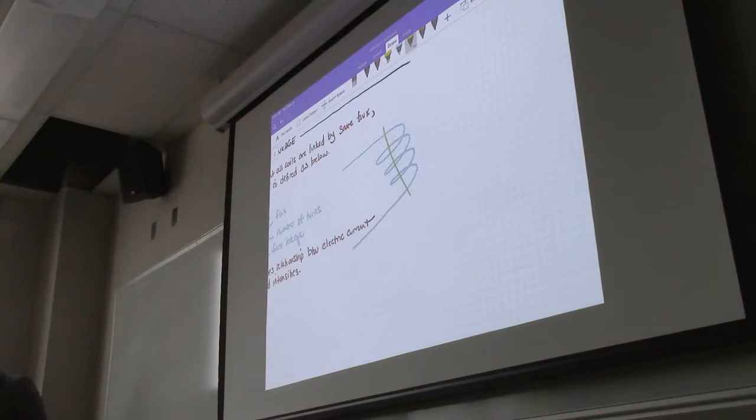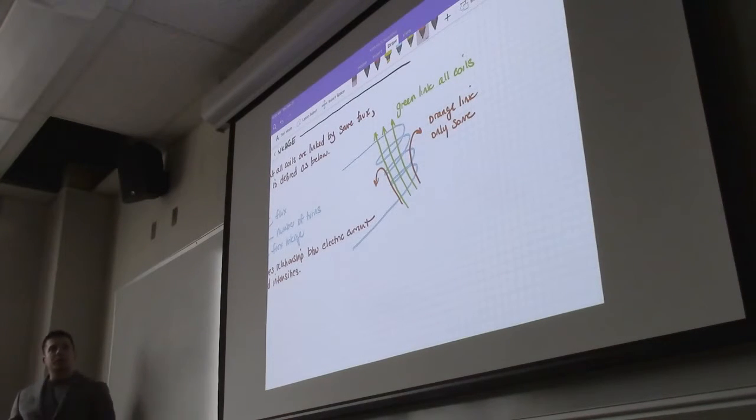Then the green flux lines, so that will be sort of a visual description of what's going on, right?